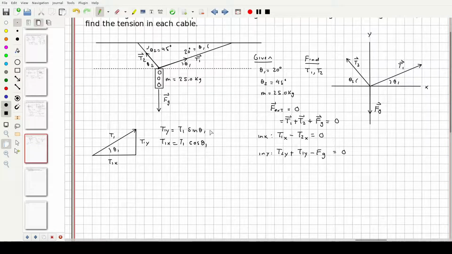Now we know theta 1, thankfully. We don't know what T1 is, but we're going to find it. Now, let's look at the other one. T2 looks like this. It has an x part, and it has a y part.